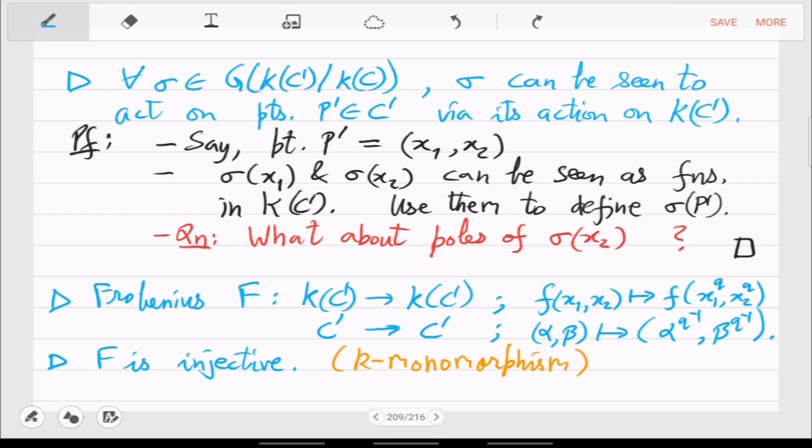The constants are not exponentiated, only the variables are. Right now I think it was FQ, but in the future we may go to FQ bar. So I don't want this to be tied to the base field. I want this tied to only Q. So this is the Qth Frobenius.